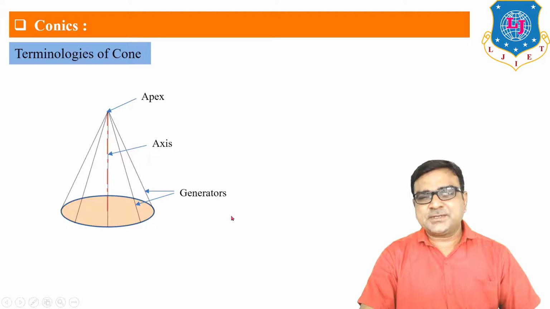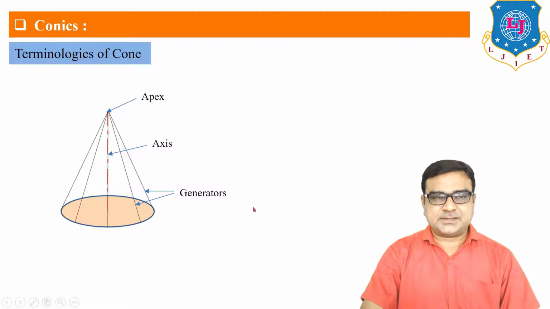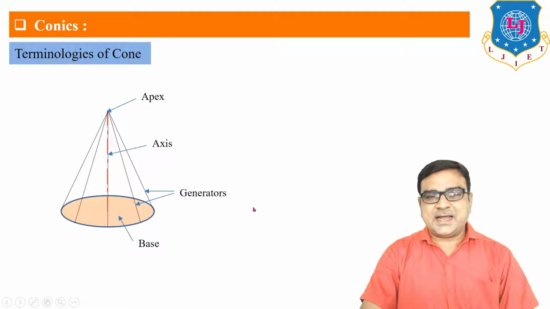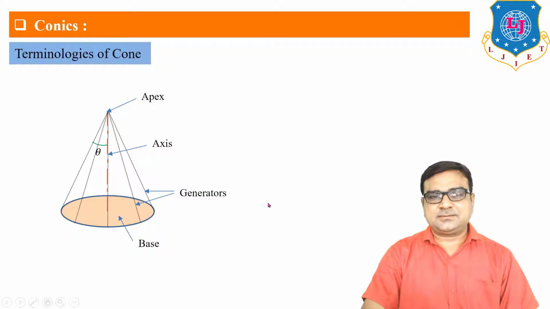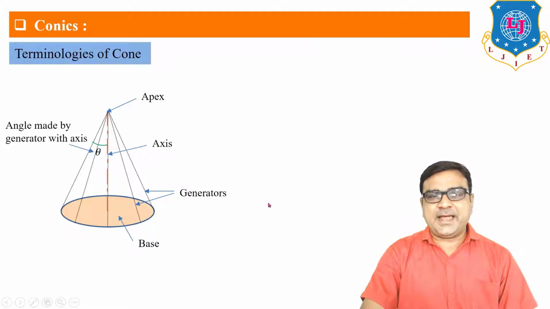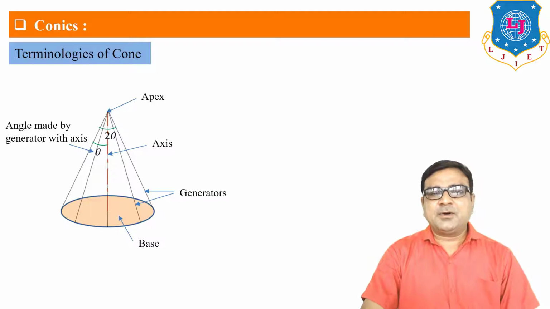The lateral surface is nothing but the combination of lines from the apex to the periphery of the base. These lines are known as generators. Angle theta, which is the angle between the axis and the extreme generator, is known as the angle made by the generator with the axis. And double theta, that is 2 theta, is known as the apex angle.